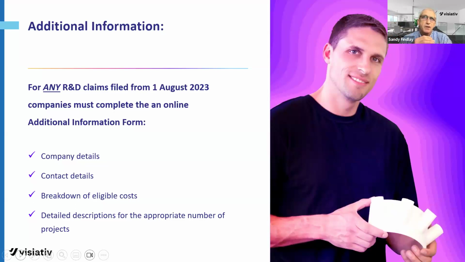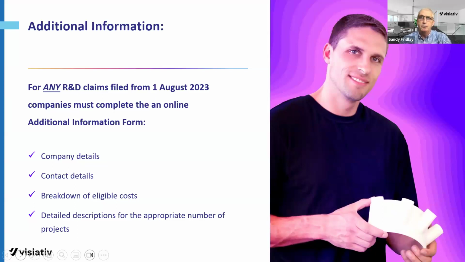If you're submitting a relief claim for between 3 and 10 projects, you need to submit a minimum of 3 reports and a number of reports that covers more than 50% of your eligible expenditure. And if you've got more than 10 projects involved in your claim, they're then looking for the number of projects that amounts to at least 50% of the eligible expenditure.